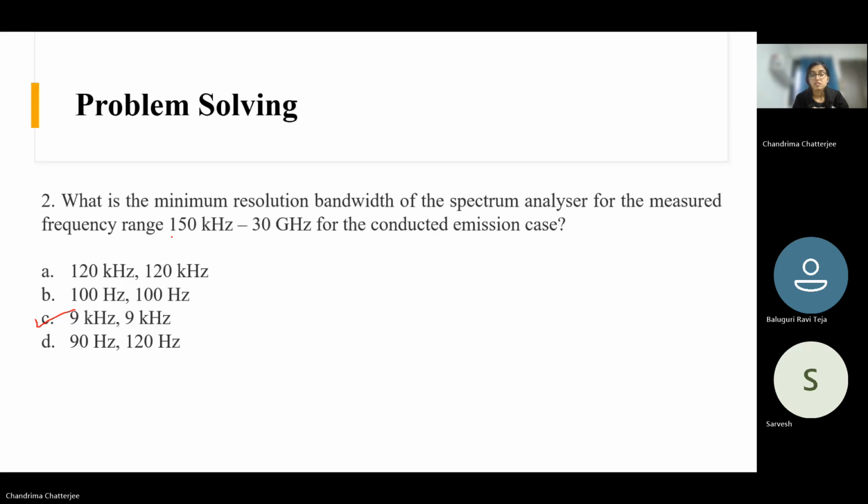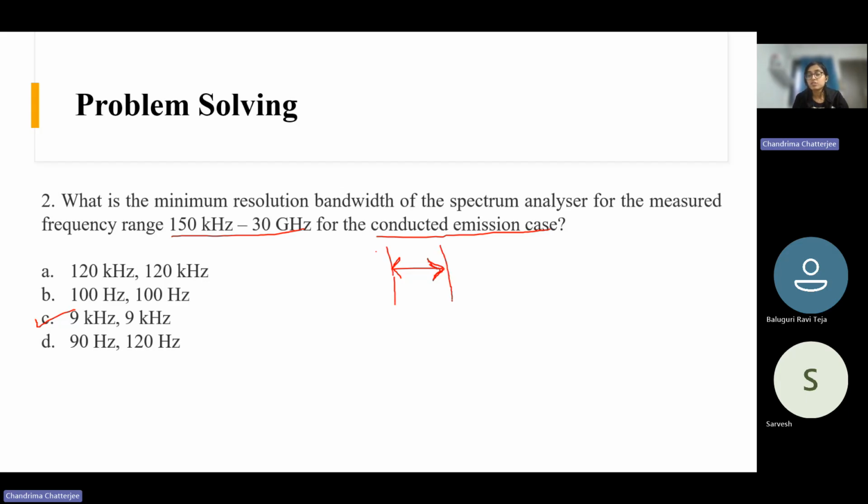Okay. So you will have to remember this. You understand what exactly I am referring to by resolution. Resolution is the width of that frequency window. That is the minimum width that it can differentiate.